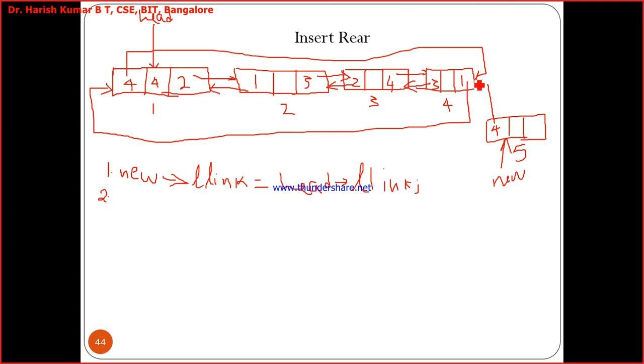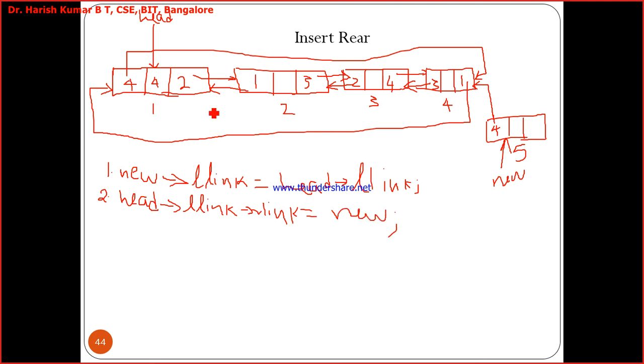Arrow R link will access this field. Okay, good. Head arrow L link, arrow R link is equal to new.